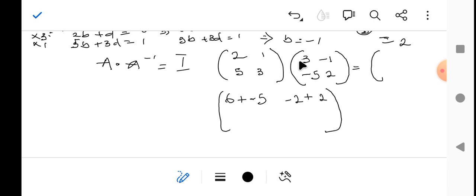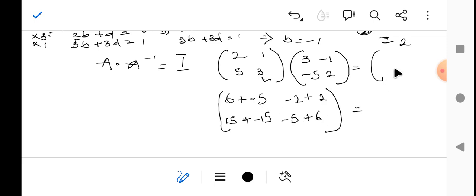So 5 multiplied by 3, this should give us 15. 15 plus 3 multiplied by minus 5 is minus 15, right? Lastly, for this entry, you have 5 multiplied by minus 1. You're going to get minus 5. 3 multiplied by 2 over here, you're going to get plus 6.